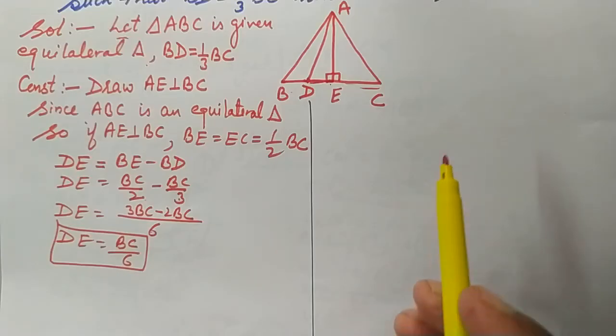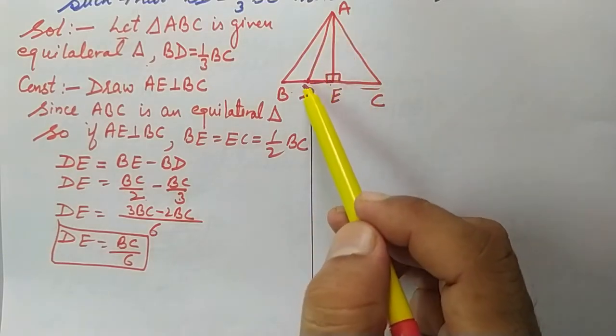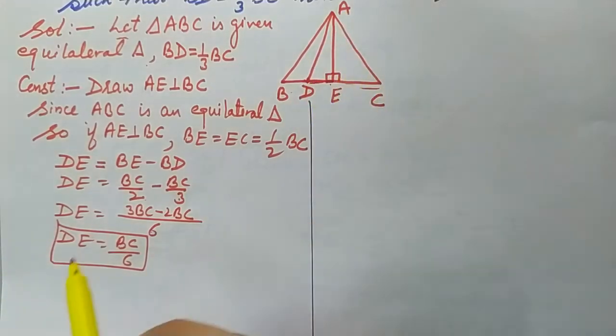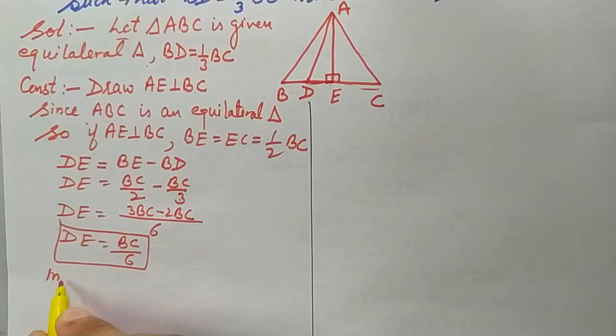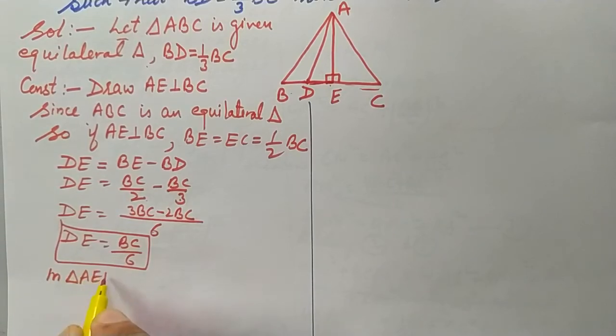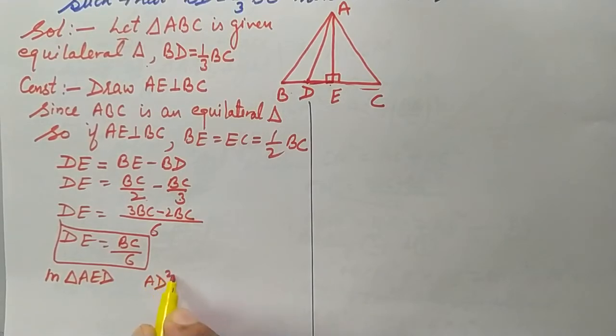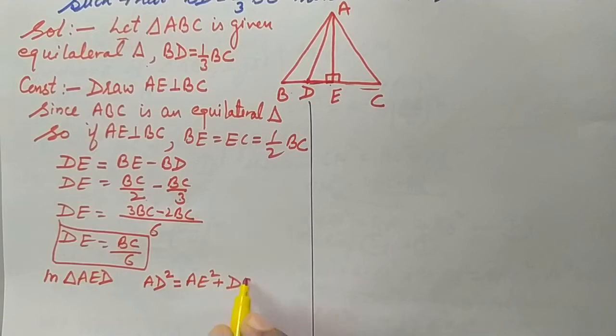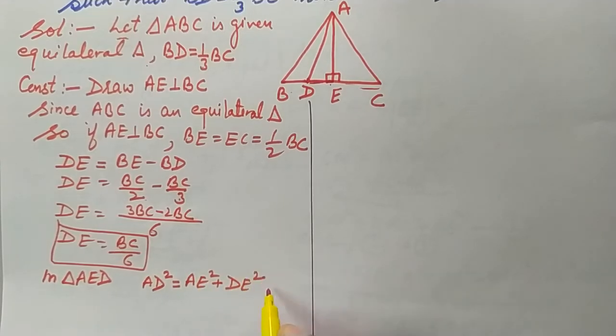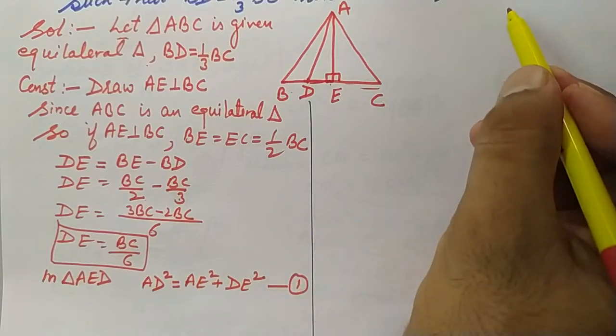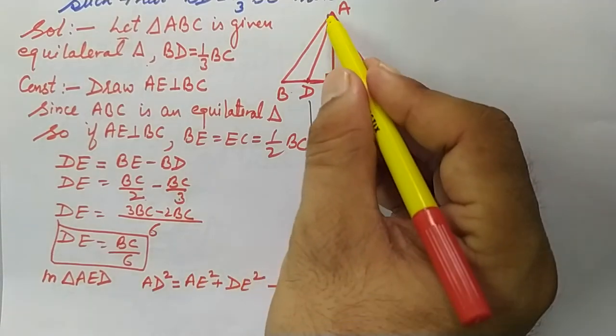Now we'll find out the value of AD square in right angle triangle AED. In triangle AED, by Pythagoras theorem, AD square is equal to AE square plus DE square, right? Suppose this is equation number 1. Again we'll find the value of AB square, as asked in the question.